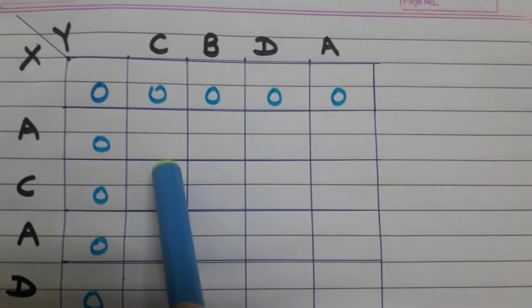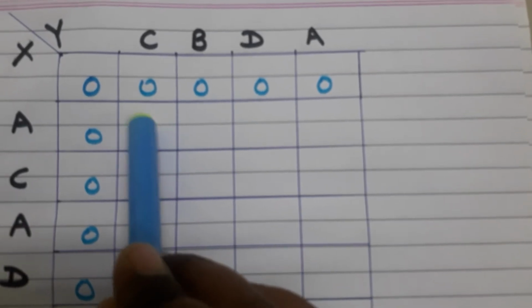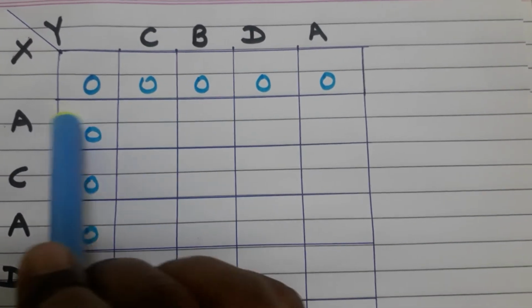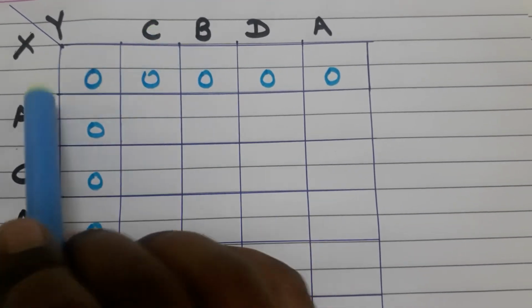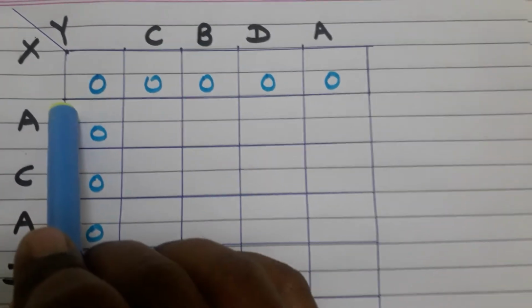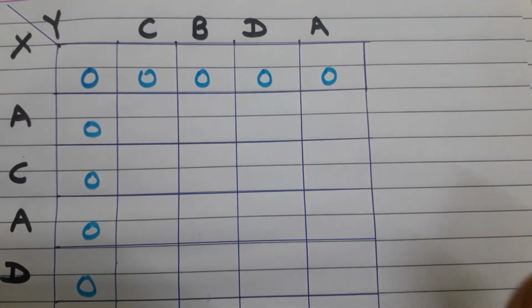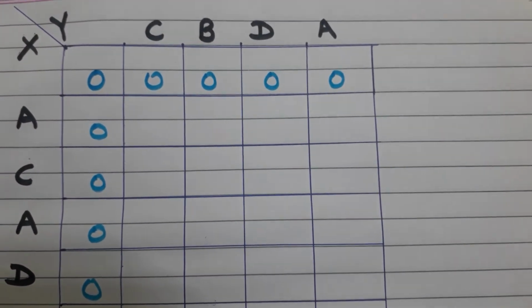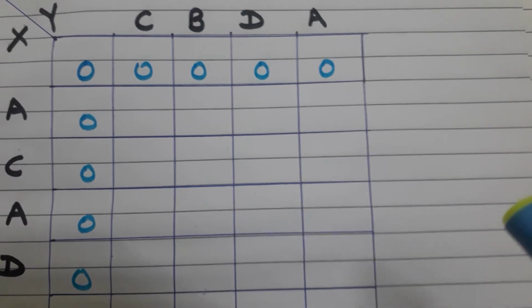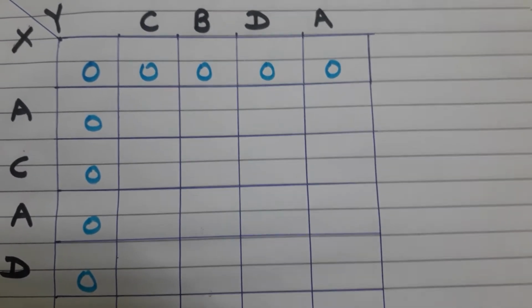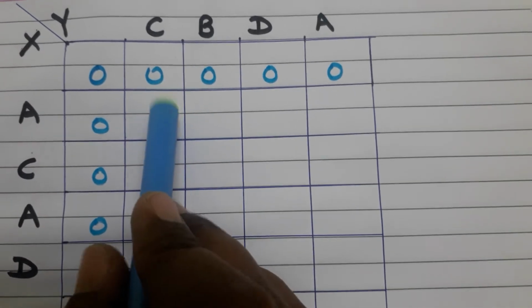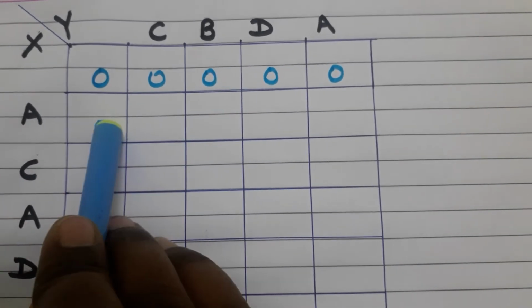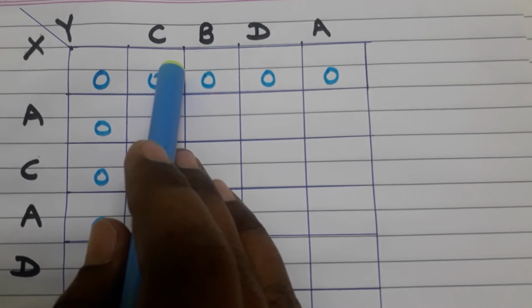Now to fill this cell, we will see the current row and current column. So the current row is A and the current column is C. These are different characters, so we will take the maximum value from the previous column or the previous row.